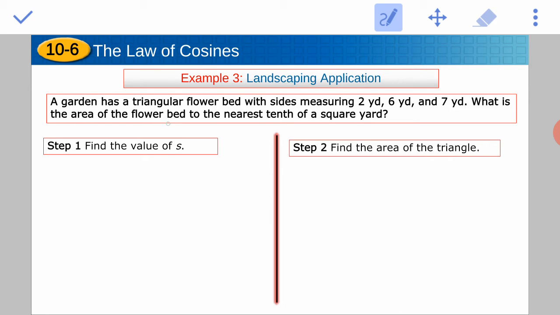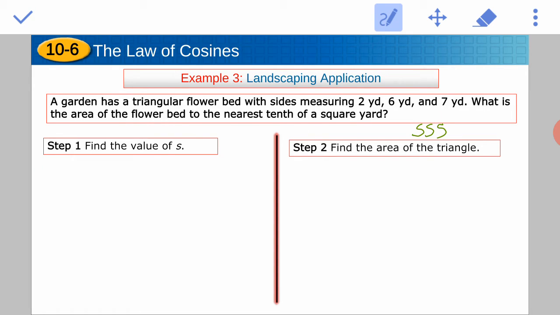A garden has a triangular flower bed with sides measuring 2, 6, and 7 yards. Definitely this is the information SSS, so I cannot use the law of sines to calculate the area of that triangle, so I have to use Heron's formula. What is the area of the flower bed to the nearest tenth of a square yard?